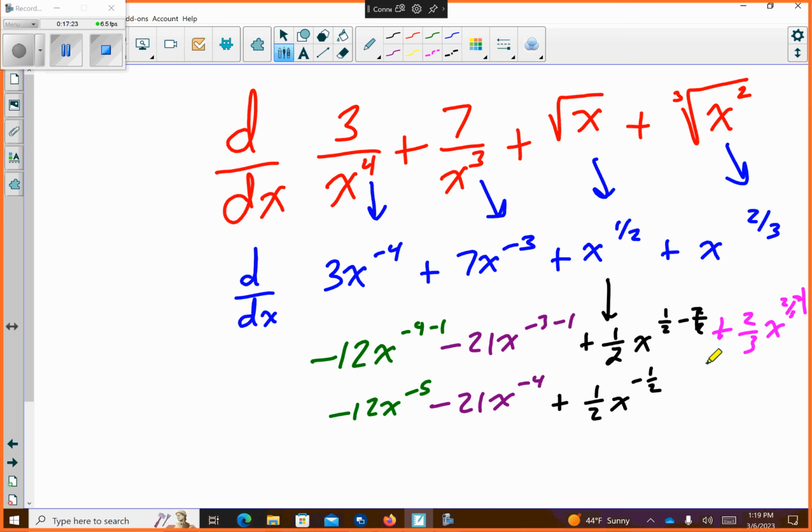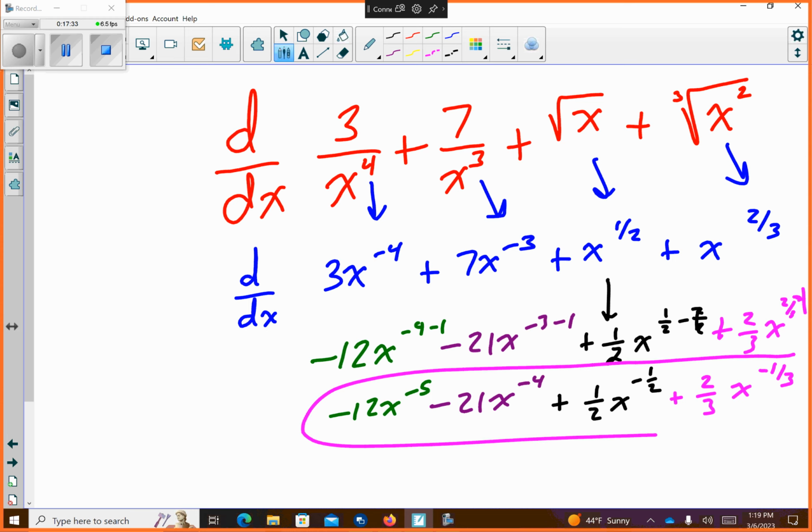Plus 2/3 x to the negative 1/3. Okay. That's the derivative of the whole thing.